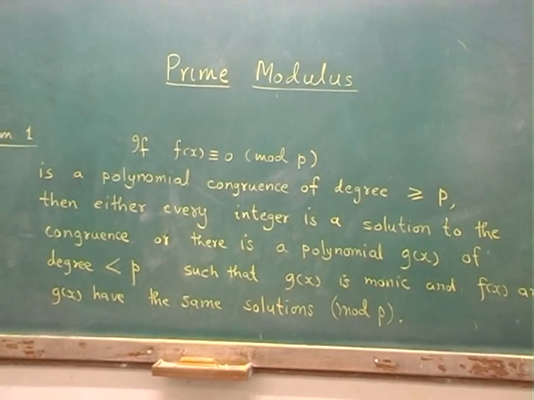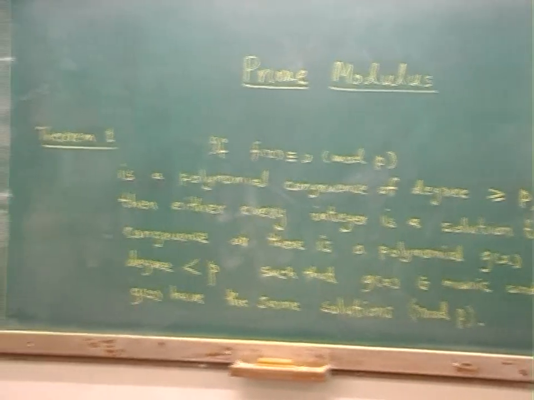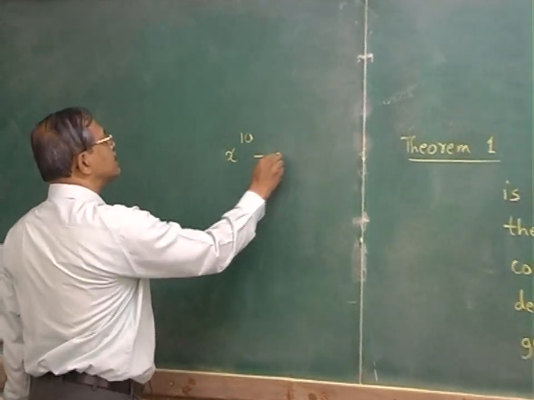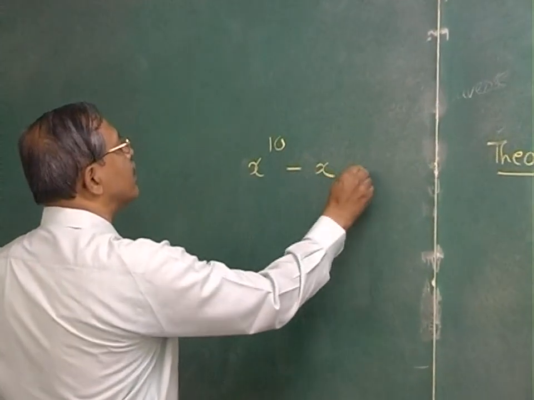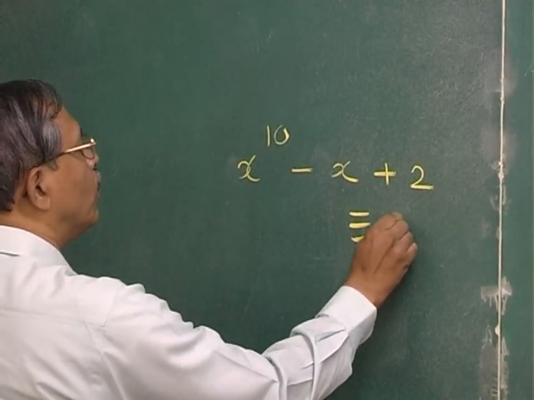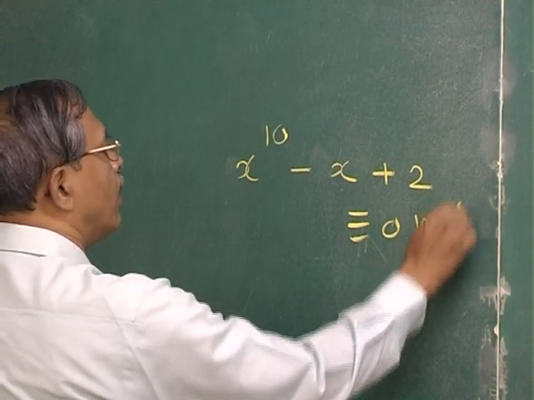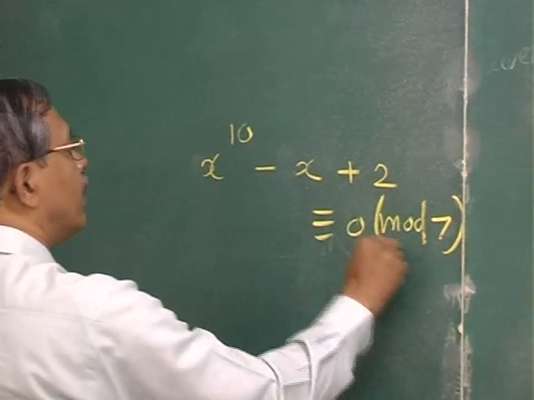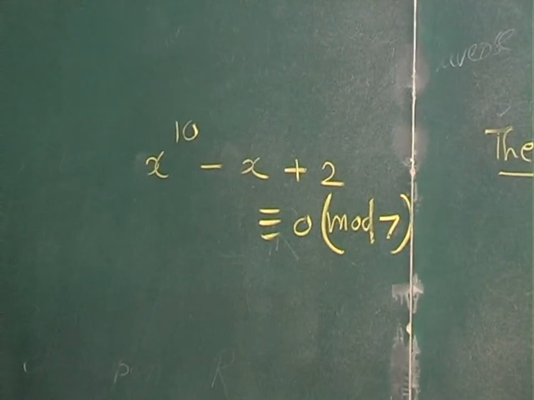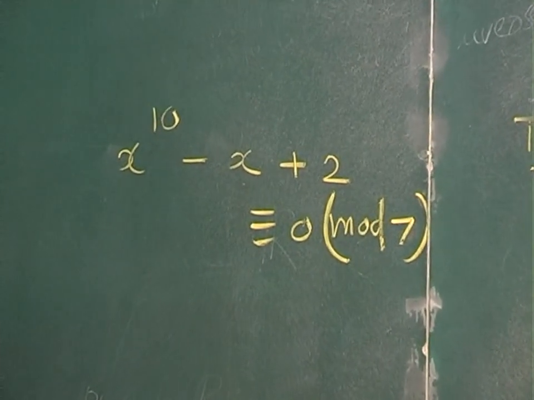Examples of such polynomials which are reducible are, let us take x raised to 10 minus x plus 2 congruent to 0 mod 7. This is a congruence of degree bigger than 7.